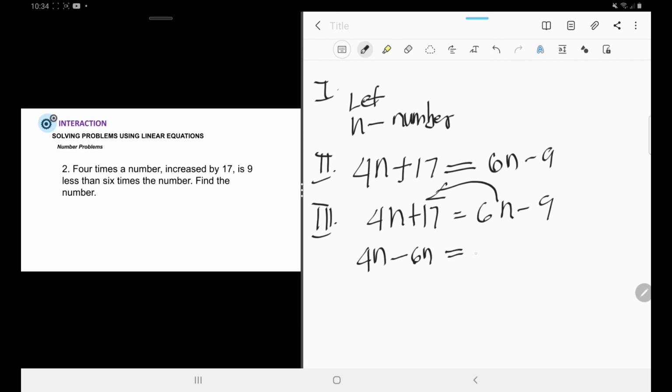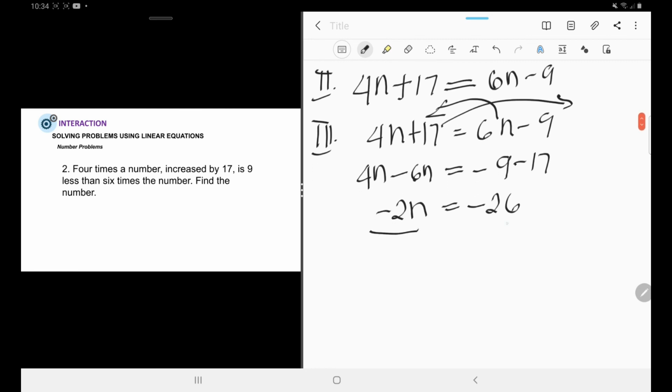It's equal to negative 9 and then transpose 17 to the other side, that's minus 17. And then combine similar terms. So we have 4n minus 6n is negative 2n equals negative 9 minus 17 is negative 26.